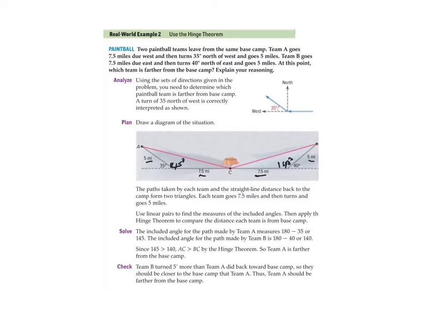You know from previous chapters that angles and sides that are opposite each other are in relation, so AC must be greater than, whatever this one is, let's call it DC. So we know that that is bigger than that, purely and simply because this one is 145 and this is only 140.